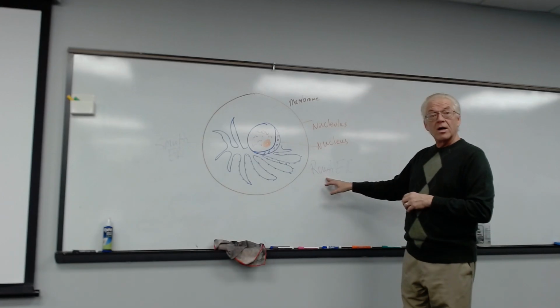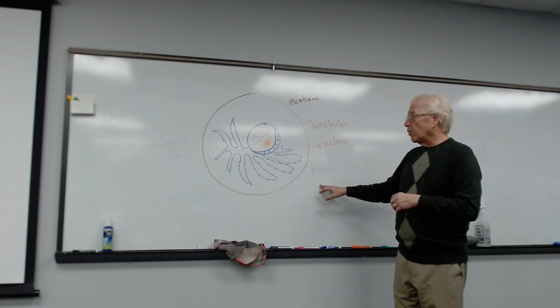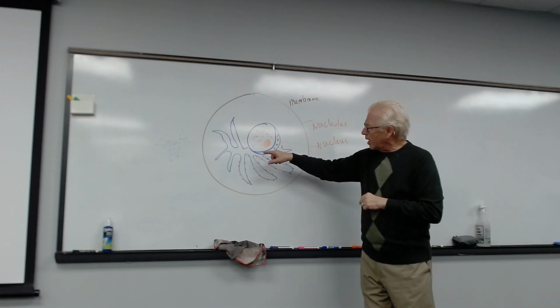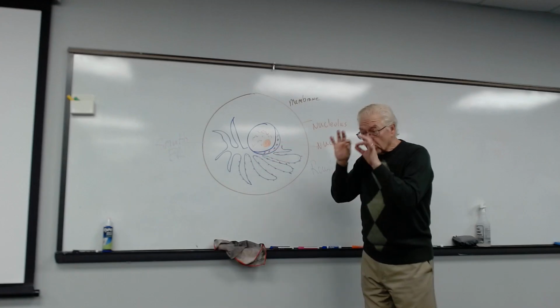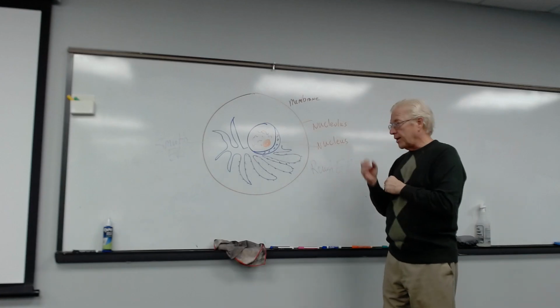The rough ER is where we make proteins. When we do transcription and translation, as we talked about in the other class, you take the DNA and turn it into RNA, and the RNA moves down here and the ribosome reads it, that's how we make our proteins. All right?